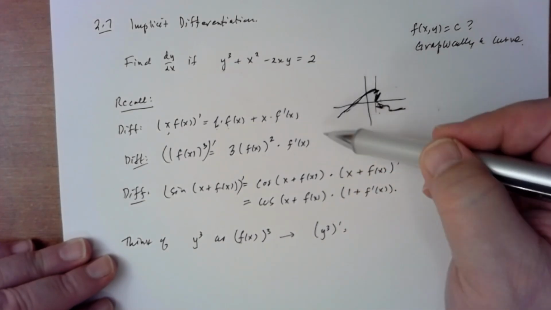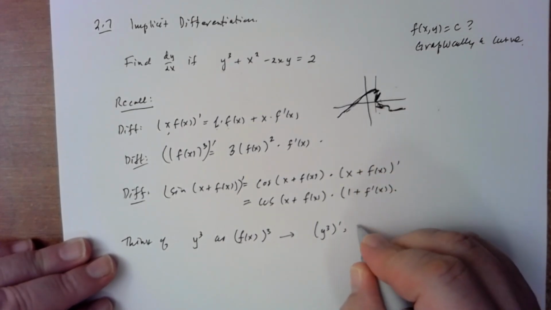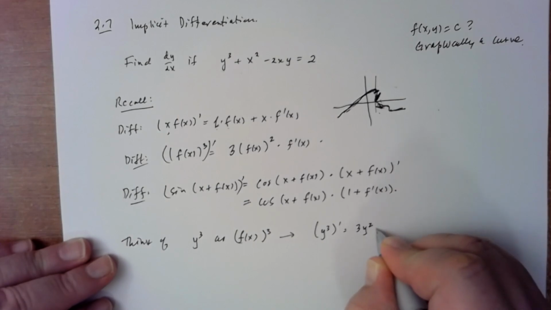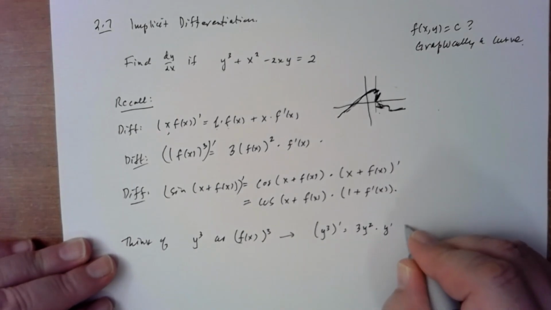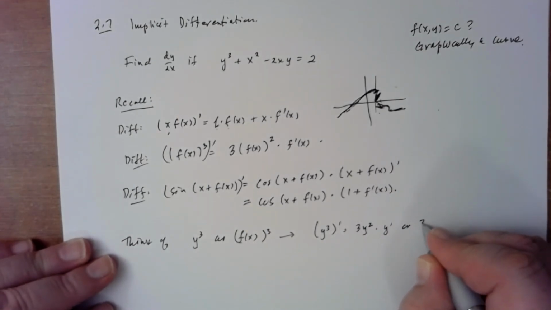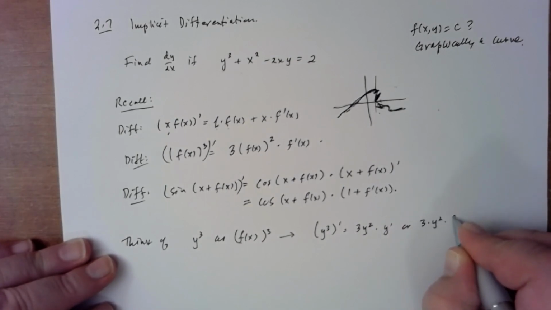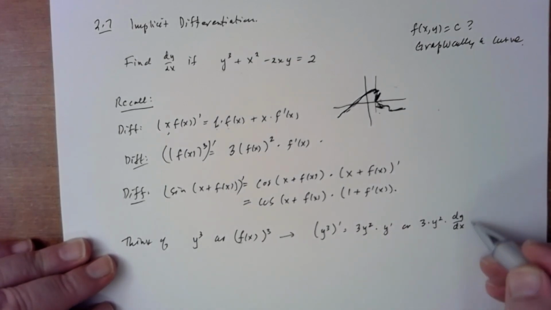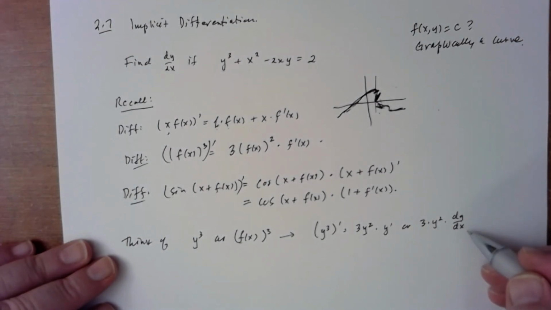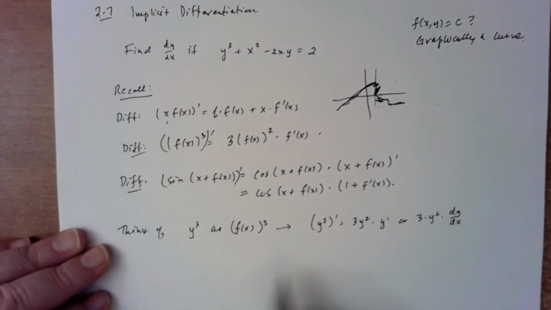Just like we did up here, it would be 3 times y squared times y prime. Or you could be more specific and say 3 times y squared times dy over dx. This is saying that your differential here is x, so you're differentiating with respect to x.